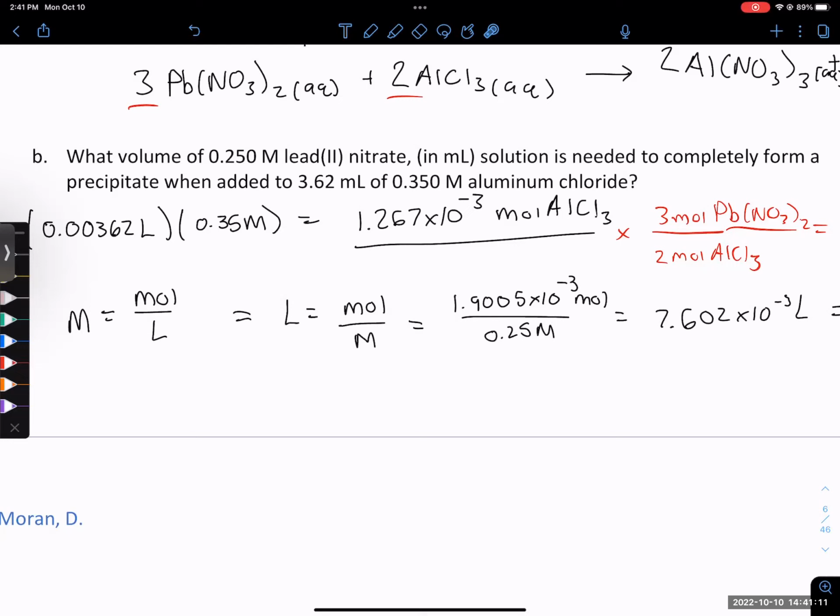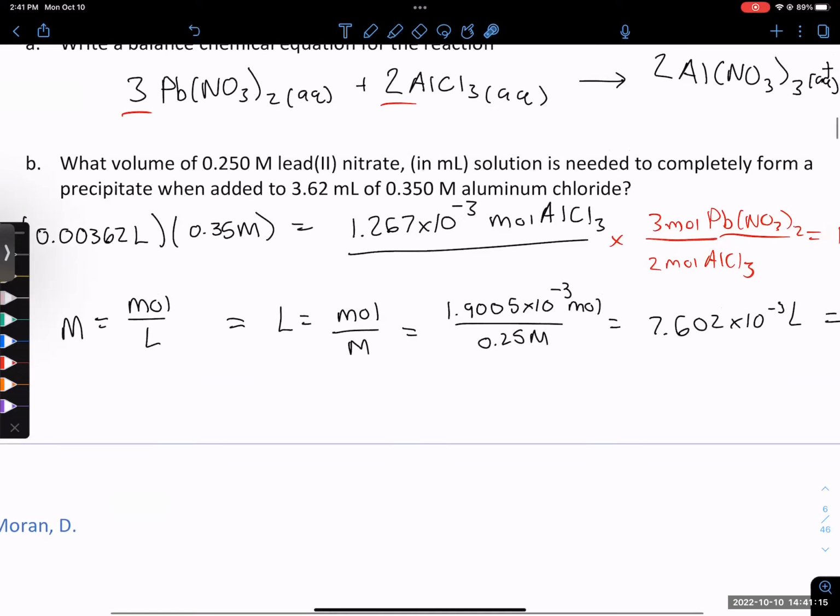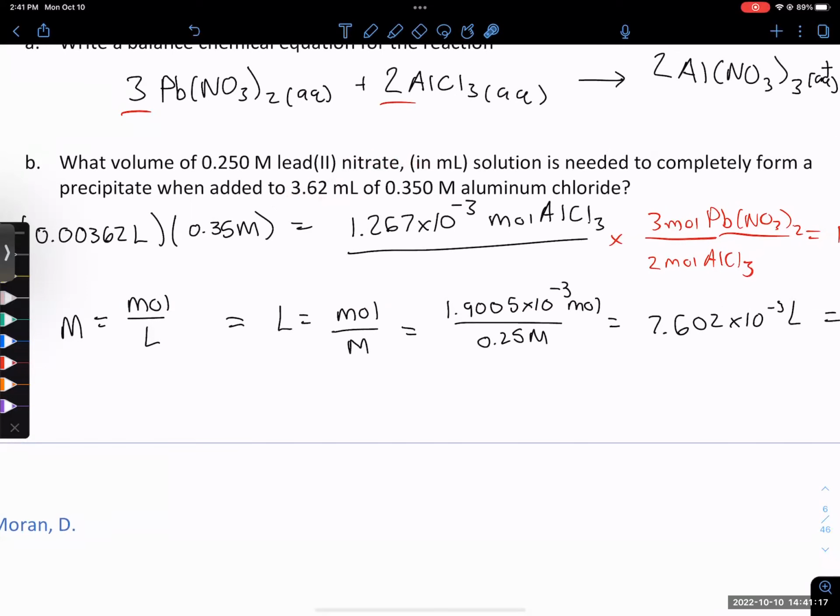So there's no excess or limiting reactant, okay? Because we're doing the exact calculation to figure out how much lead 2 nitrate we need to react with exactly this amount of aluminum chloride. So when it says completely, we don't have a limiting reactant. If it says compound A reacts completely with compound B, that's always saying there's no limiting reactant.